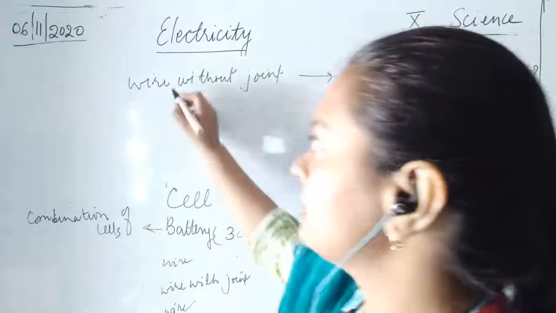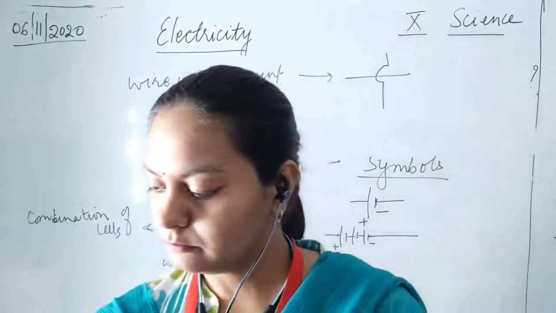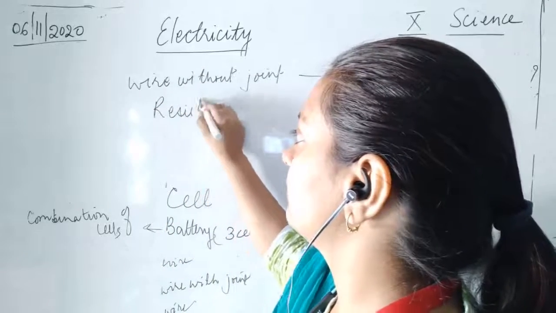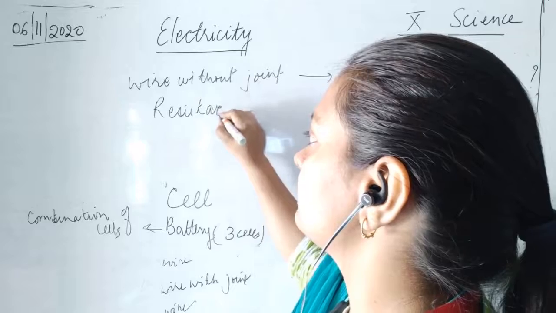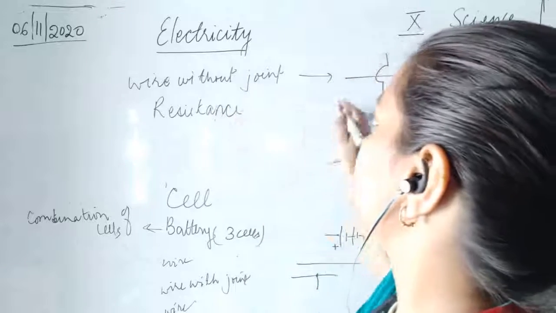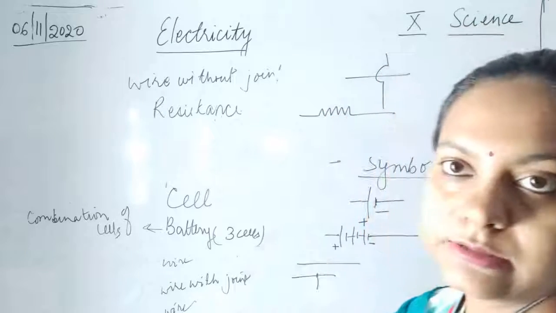Fine. Then next is resistance, resistors and resistance. How will we draw them? For resistance we will draw like this.